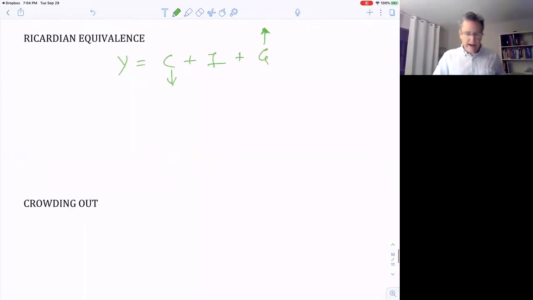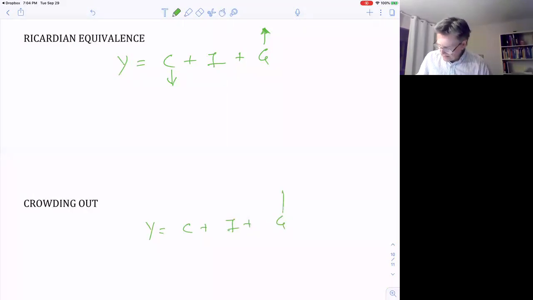Now, is there crowding out? Crowding out is this idea that government spending crowds out private investment. So as government spending increases, investment spending would fall because of higher interest rates.